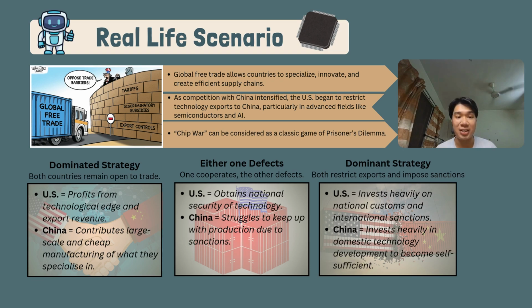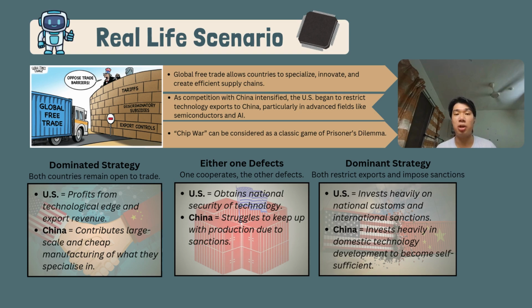This option is less damaging than one-sided defection because at least both sides understand the competitive footing and can invest in domestic capabilities. Each country loses some immediate benefits from open trade, but they focus on self-sufficiency and tech independence, reducing long-term vulnerabilities.